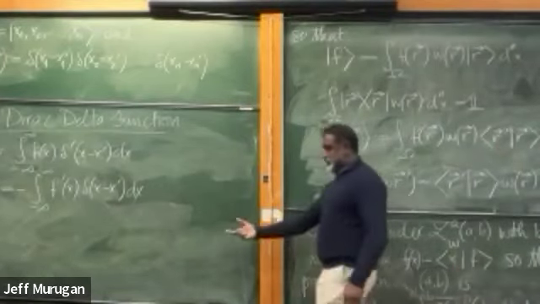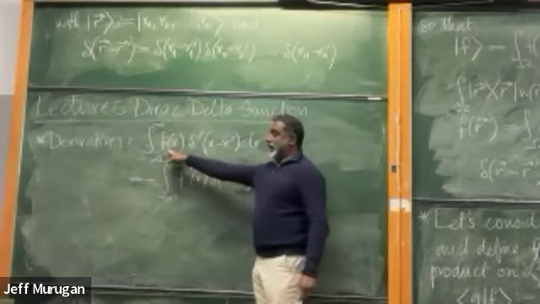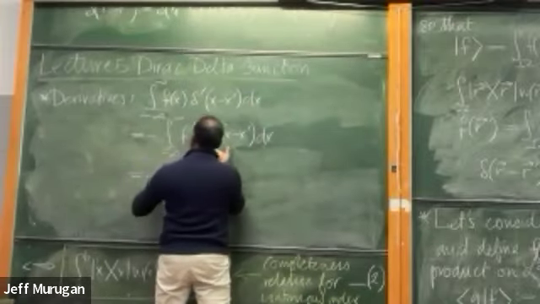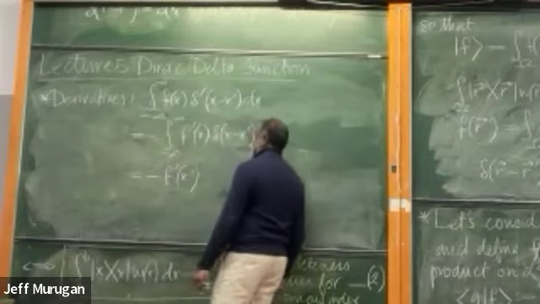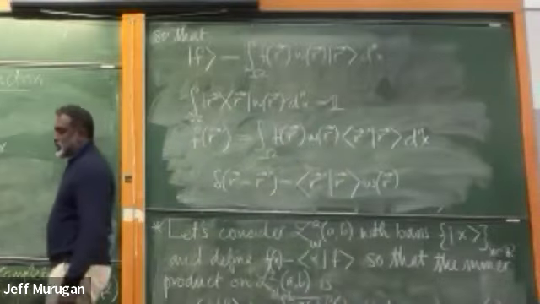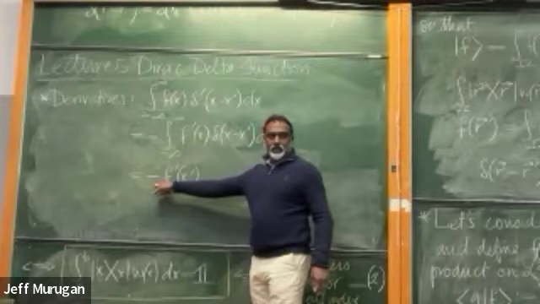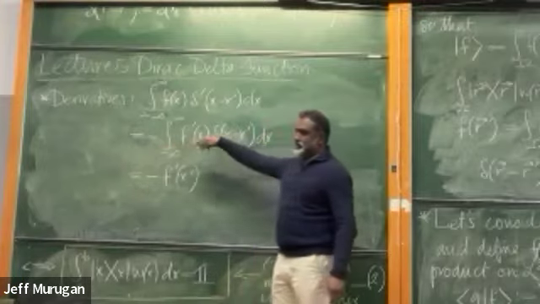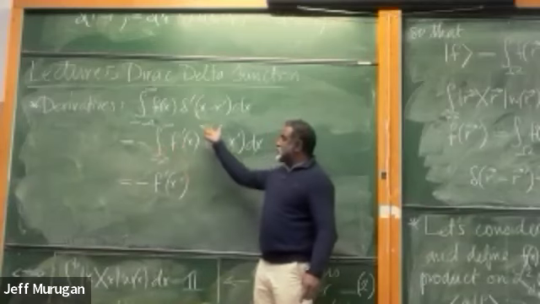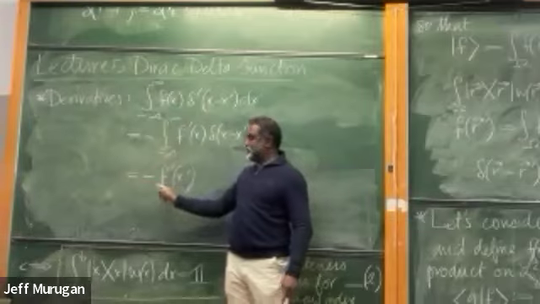So where the delta function sampled f of x, this now samples f prime at x prime with that minus sign that comes from integration by parts. Okay. So again, where the delta function samples the function that we multiply it with at a particular point, the derivative of the delta function samples the derivative of that function with a minus sign.